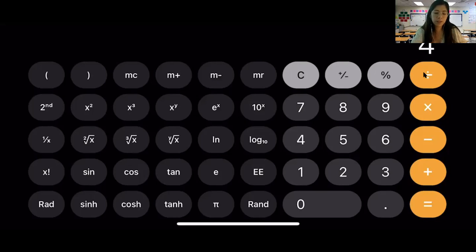So 4 divided by open parentheses. Now I'm going to type in the cosine of 55, 55 cosine. Then I need to close my parentheses, so I'm using the close parentheses button. And after you close your parentheses, you have to hit equals. And I get 6.97.